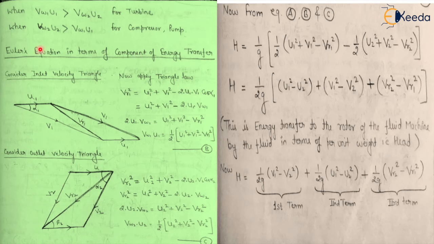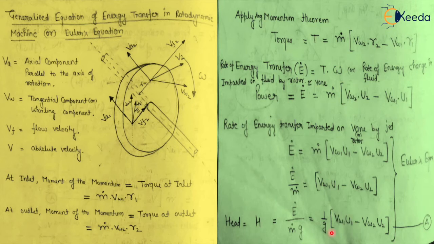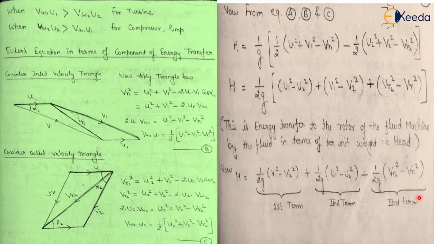Friend, this is not in your syllabus. How this formula is derived is not in your syllabus. You just have to remember this formula. I have just shown how we have reached here.